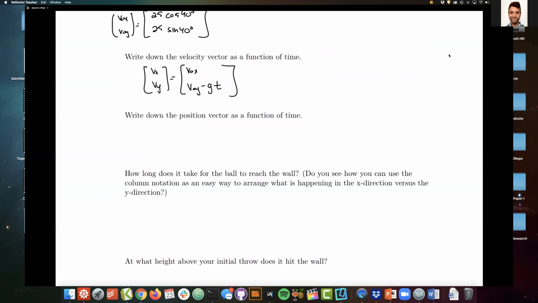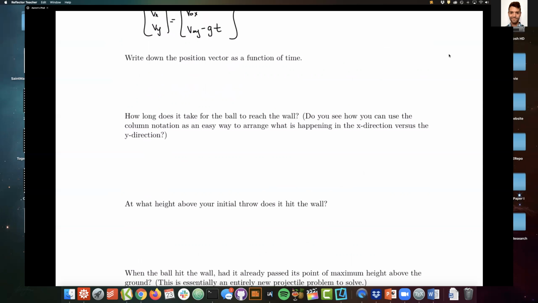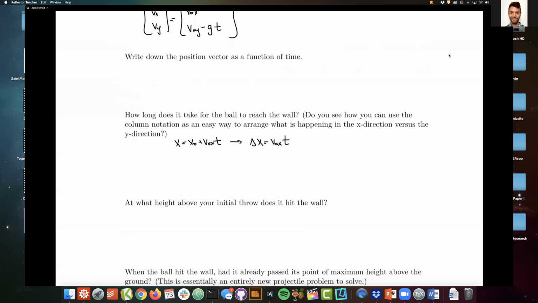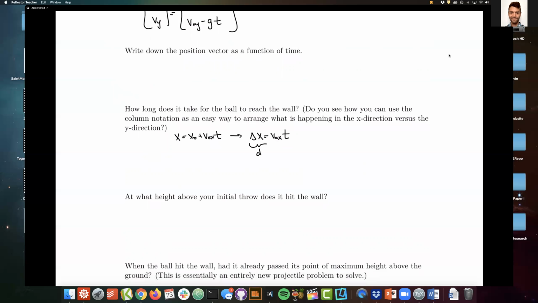How long does it take for the ball to reach the wall? In that case, since x equals x naught plus v naught x t, or you can think of this as delta x equals v naught x times t, if we set this equal to d, we can solve for the time.